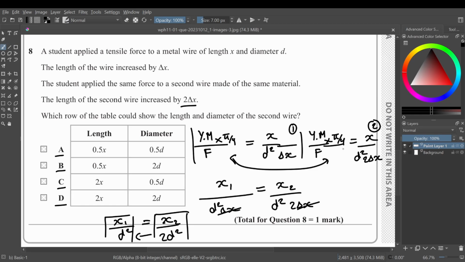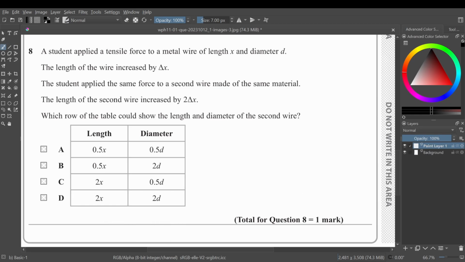Let me erase it again. So our formula was x1 by d square is equal to x2 by, or let's just input the value now, no need to write it again. If we input the value, it becomes 0.5x, right?